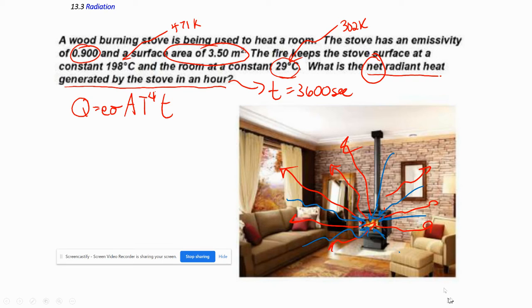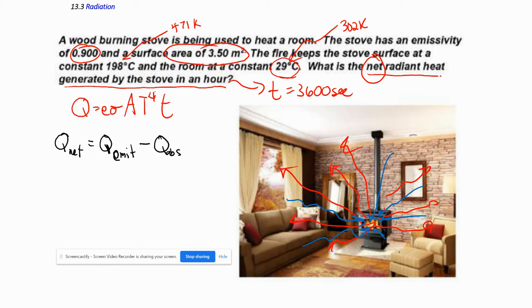So when we deal with its radiant heat, we have to take both of them into account. So the net heat is going to be the heat that is emitted minus the heat that is absorbed.